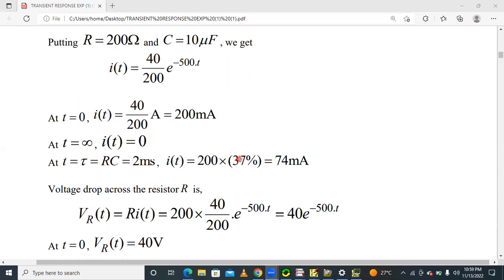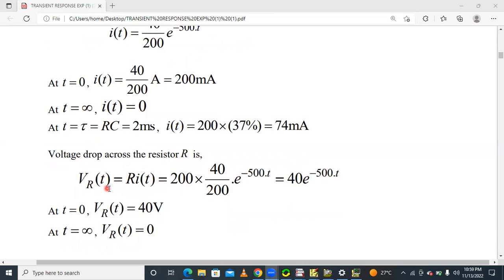That's why it is 36.7%, approximately 37%. So this is the time constant: 37% of 200 milliamps in current, which is 74 milliamps.